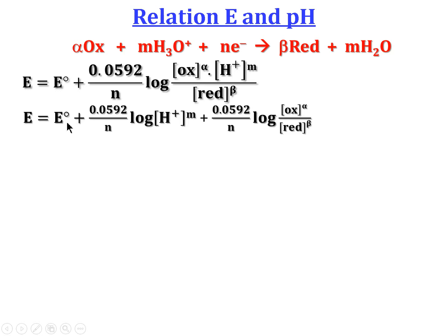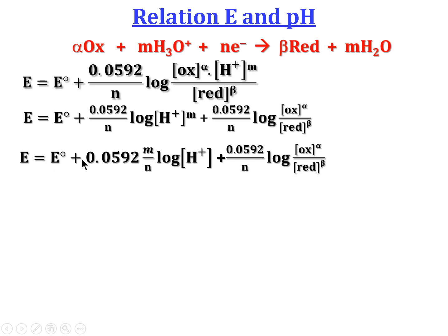So E equals E0 plus 0.0592 divided by n log [H3O+] to the power m plus 0.0592 divided by n log concentration of ox to the power alpha divided by red to the power beta. So E equals E0 plus 0.0592 m log [H3O+] divided by n plus 0.0592 divided by n log concentration of ox and red according to the stoichiometry.